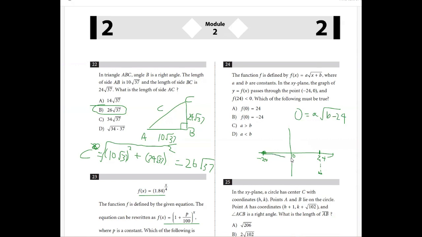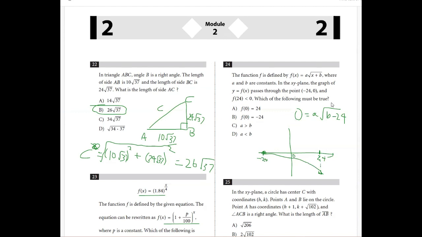Okay, so something like this. We can tell that although this is a rational function, it's decreasing. So obviously, if we have a decreasing rational function, a has to be less than 0.